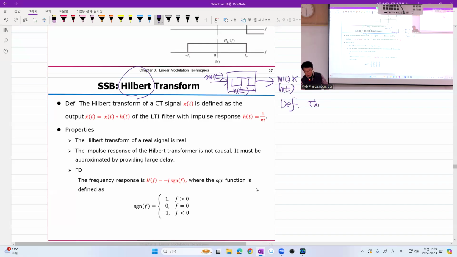This LTI system, or this mapper or transformer. Here, transformer means that it admits a continuous time signal and generates another signal. This transformer with impulse response 1/(πt) is called, let me say, this filter, this system, this LTI system.